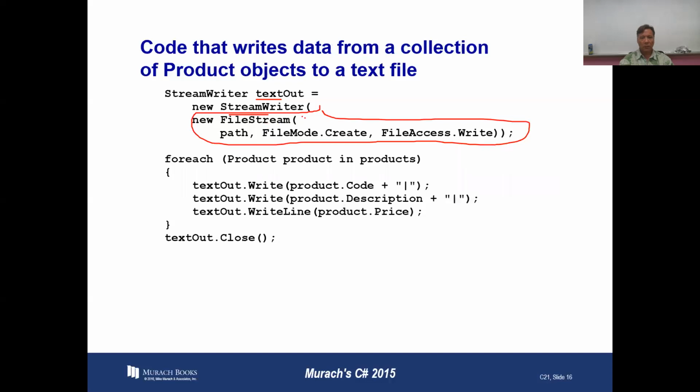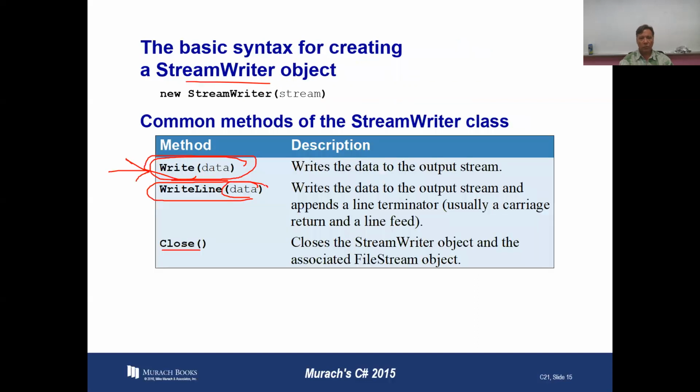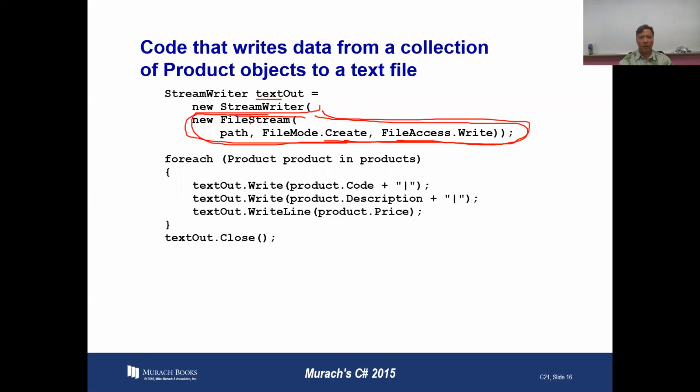So you need to do this file stream to actually connect it up to the actual file, the path to the file, and then the mode of the file, and so on. Or you may have to create it. And then this text out is how you use the methods of the StreamWriter, which requires the file stream.